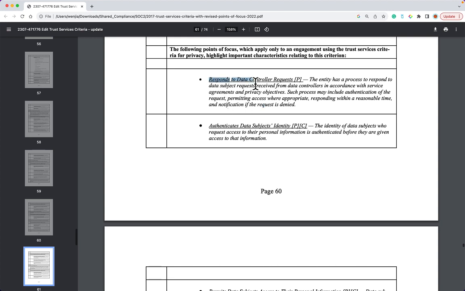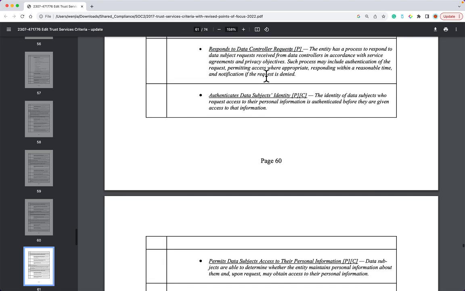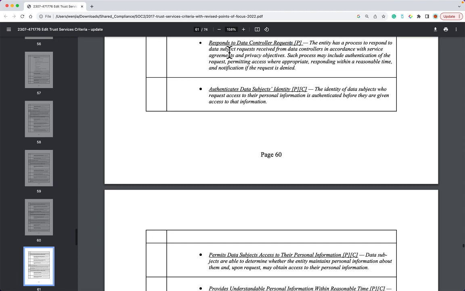So, respond to data subject requests. If they have requests, you need to have a corresponding response system. Authenticate the data subject's identity. The identity of the data subject who requests access to their personal information is authenticated before they are given access to that information.